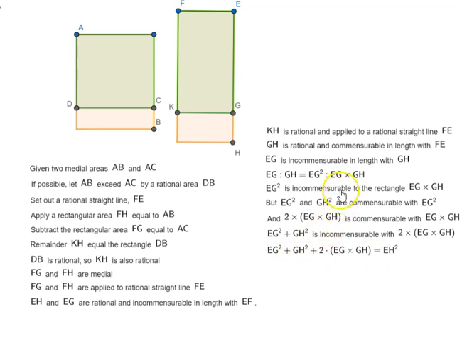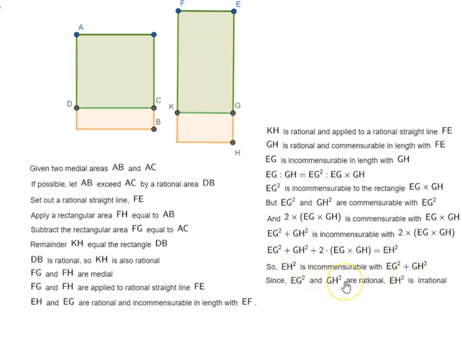Yes, basically we did all this to get to this. Remember EH square is the square on EH, and this expression is equal to EH square. So EH square is incommensurable with EG square plus GH square.